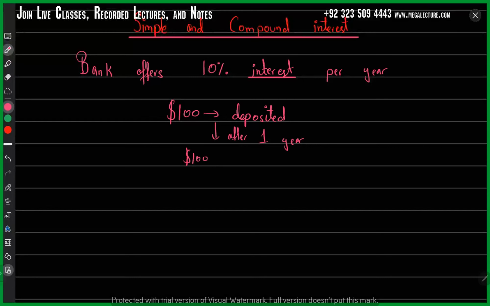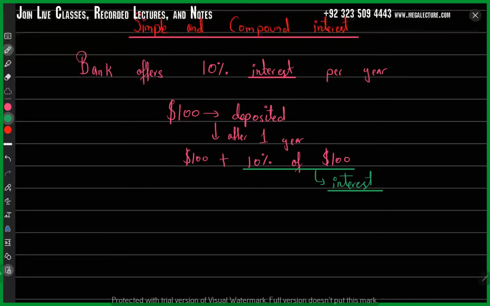So I deposited $100. After 1 year, I would have $100 plus 10% of $100. Now, what is this amount called? This amount is basically your interest.